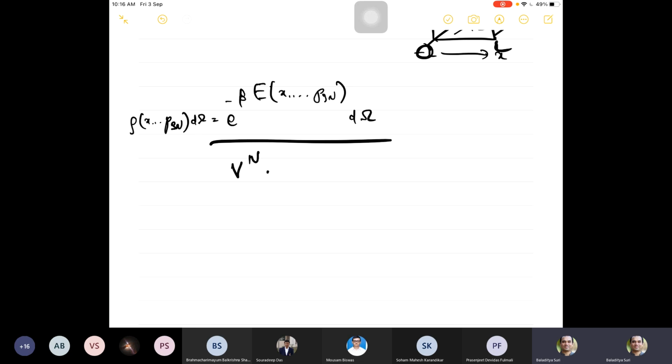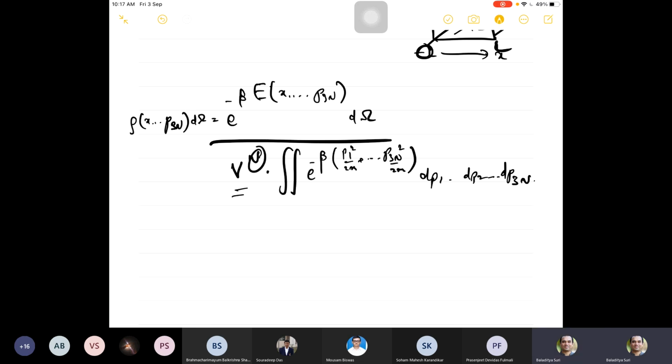Okay, V power n integral e to the power of minus beta p1 squared by 2m plus so on to p3n squared by 2m dp1 dp2 so on up to dp3n. We have already simplified the denominator significantly, but again this n is of the order of Avogadro's number. So all these expressions are easy to write, but if you just imagine their magnitudes, they are enormous.